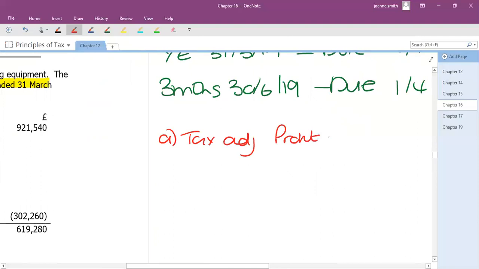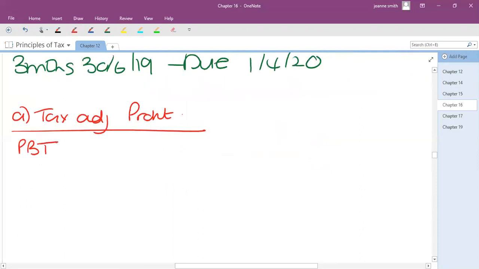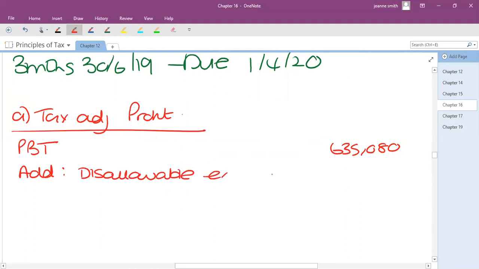So I'm going to start with the profit before tax. And that is this 635,080. So we're going to begin by looking for our disallowable expenses. So anything that we spot that we think is disallowable.